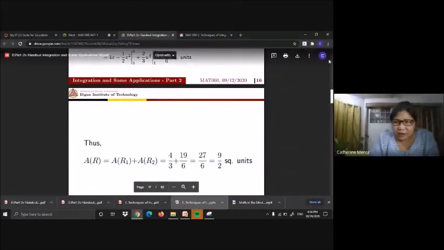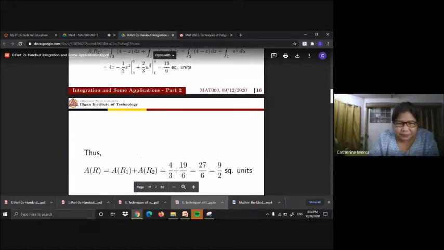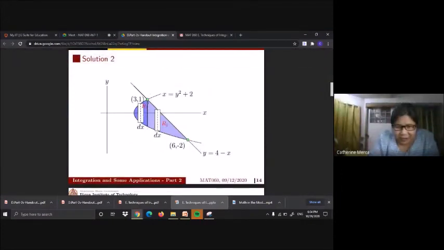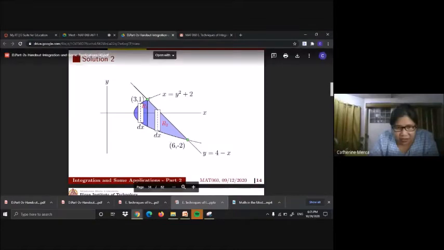Then, what happens here? Area of region 1 plus area of region 2. Because if you take a look at this one, the region is divided, because the upper curve is not the same throughout. On this side the curve is this one, whereas on the other side the curve, the lower one, the right one, is this. Right? This one, then this other one.